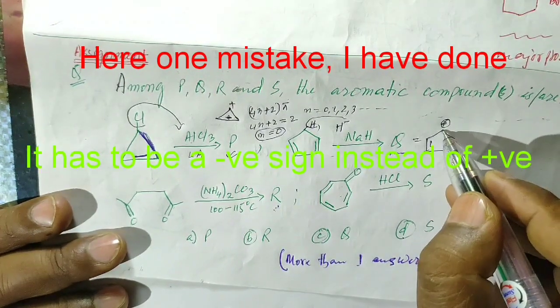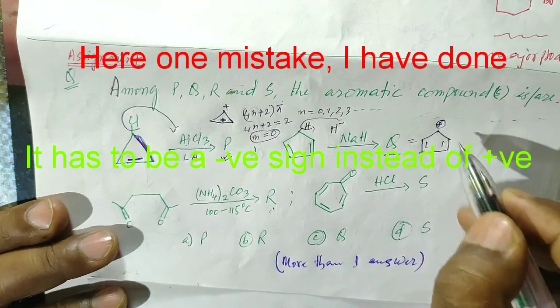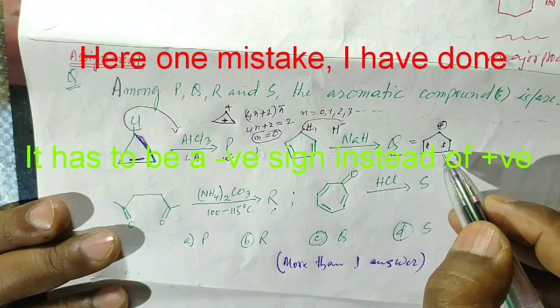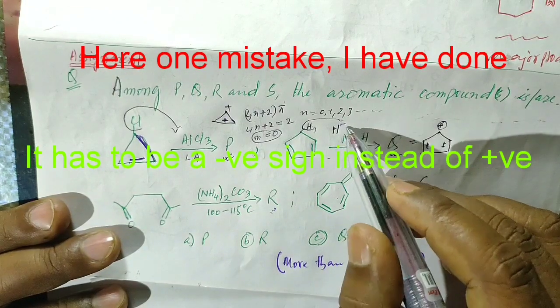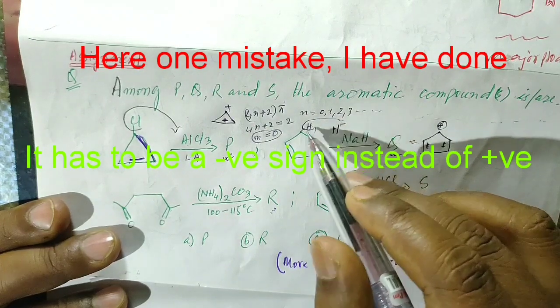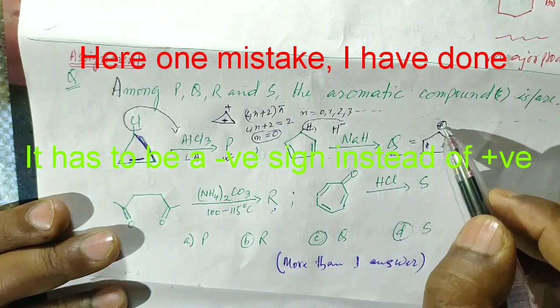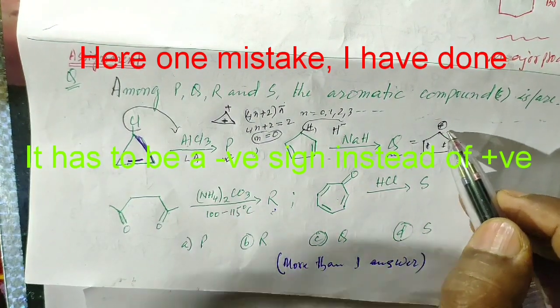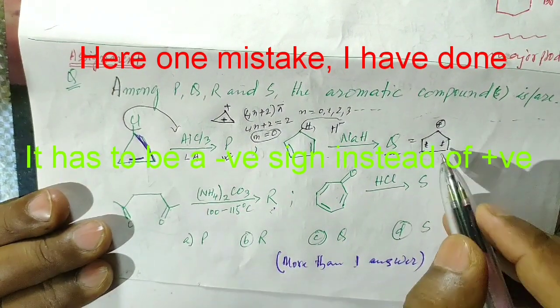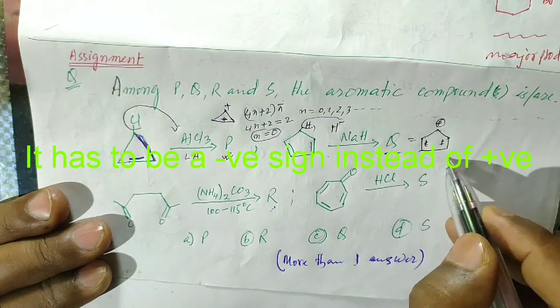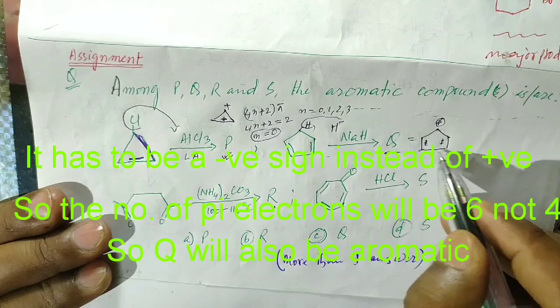So this is again a carbocation. So 1, 2, 3, 4. Okay, hydride ion, base, acidic. Now this carbon atom will be sp2 hybridized, but the number of pi electrons here is 4.